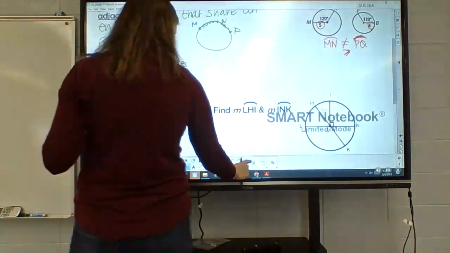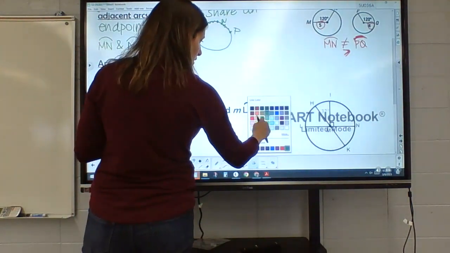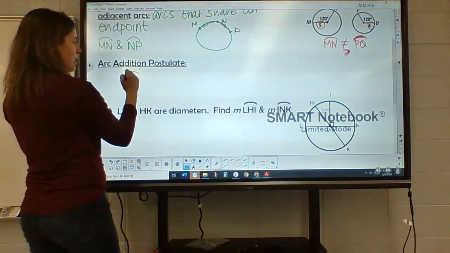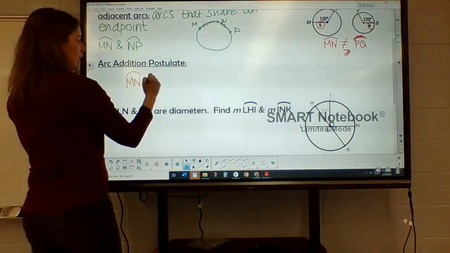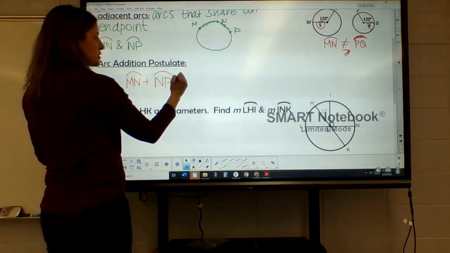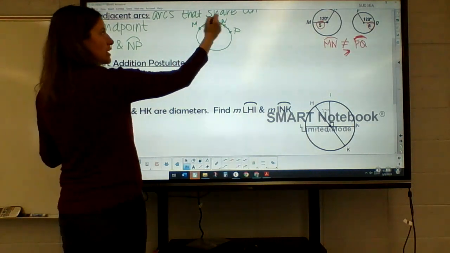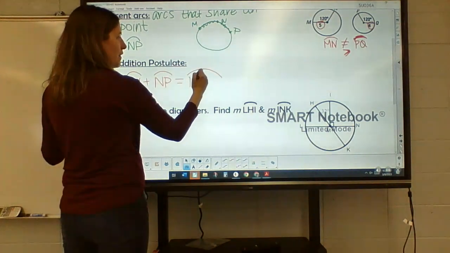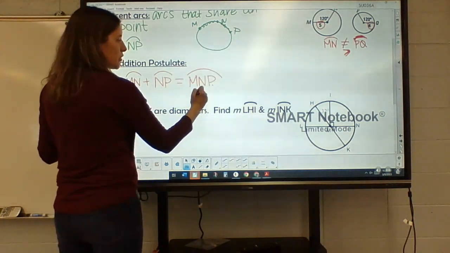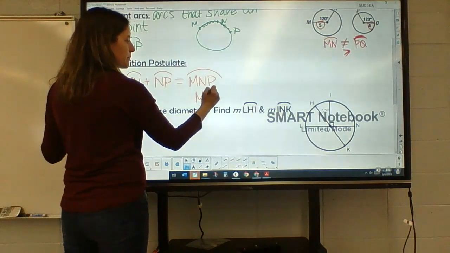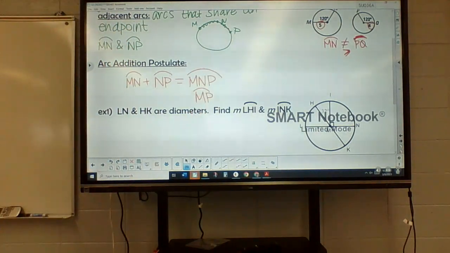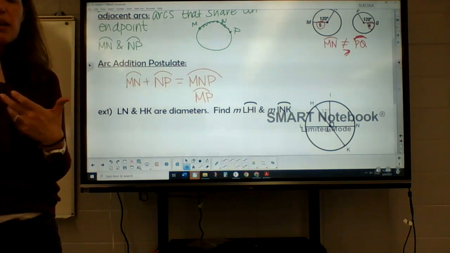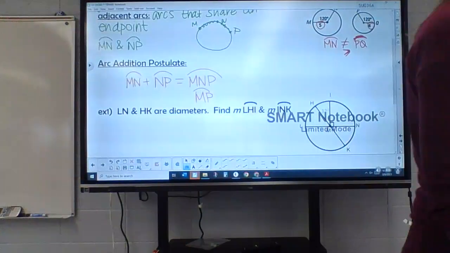So the arc addition postulate says that if I say MN and I add it to NP, whatever those lengths or measures are, it's going to equal the whole thing. So I'm going to call that MNP. You could just call it MP. So that you can add those arcs together. So that's kind of assumed maybe, but I want to make sure that's clear.